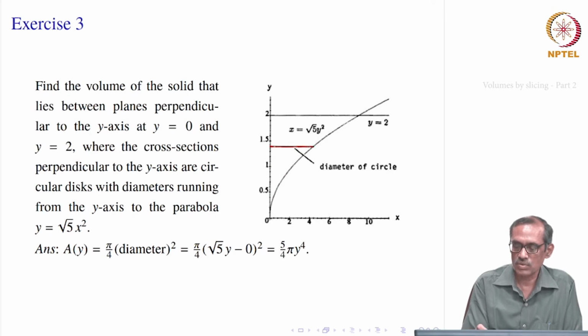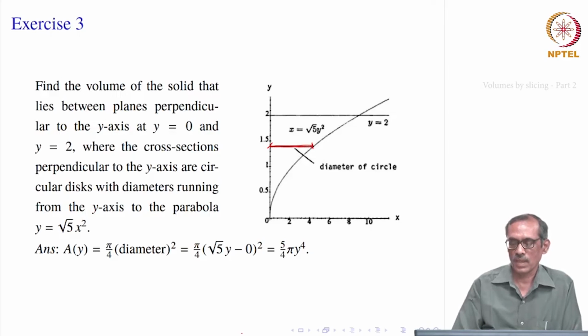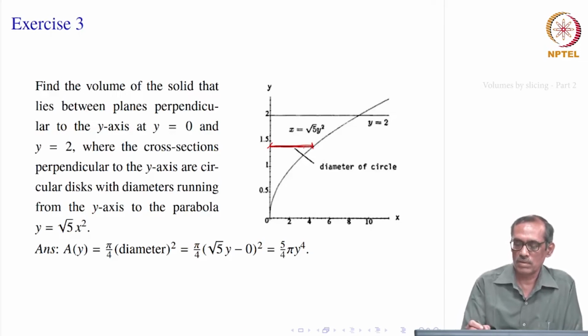It is the disc whose diameter is given by this length. So, this length is running from y to this point on the curve. So, that is x equal to 0 to x equal to root 5 y square. For any point y, that is its length. So, its length will be root 5 y minus 0. Okay.